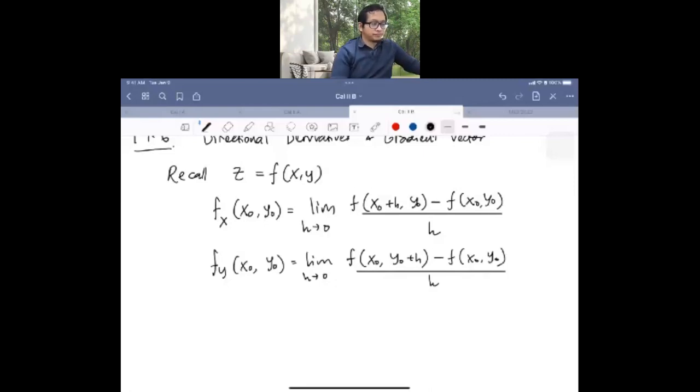So we have these two, partial x and partial y, as limit definitions.